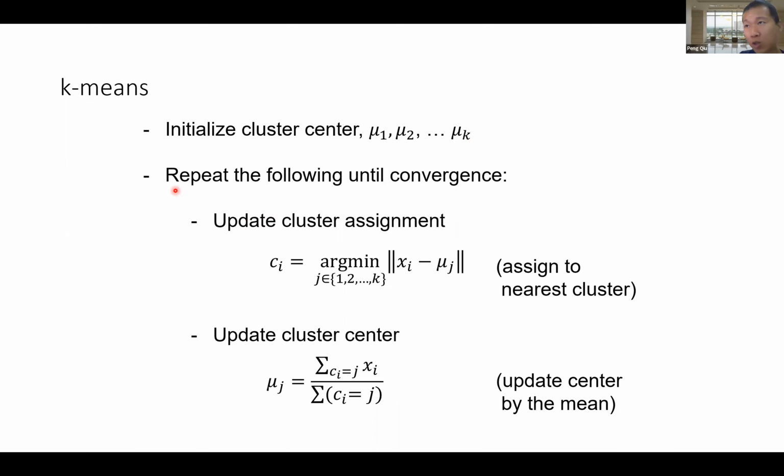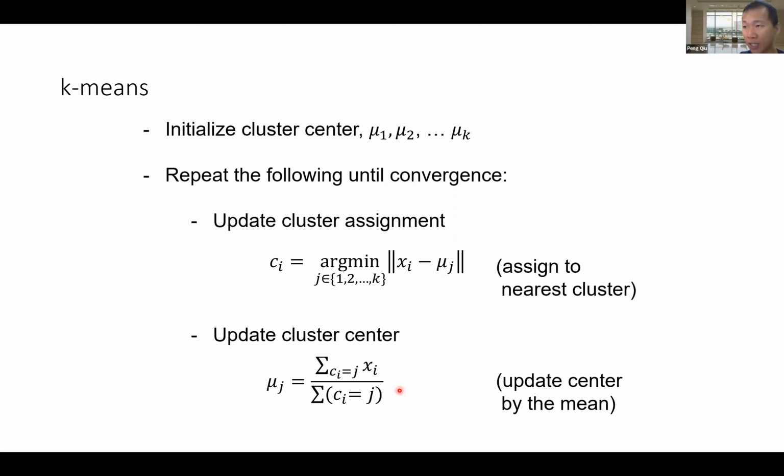Then k-means repeats the following process until convergence. First, it performs a cluster assignment update, by computing the distance between every data point and every cluster center, and then assigning each data point to its closest cluster center.